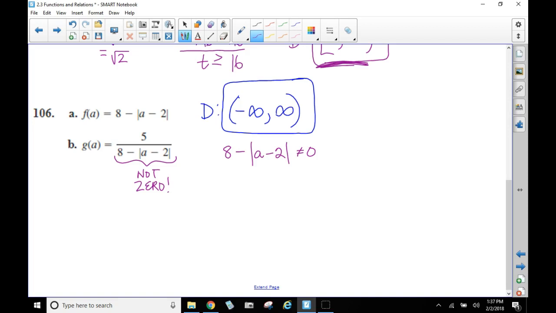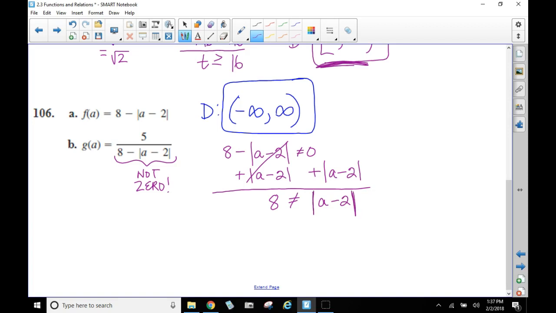All right, to solve these absolute value equations, I'm going to isolate the absolute value first. That was always our first step. So I'm going to have 8 can't be equal to the absolute value of a minus 2.